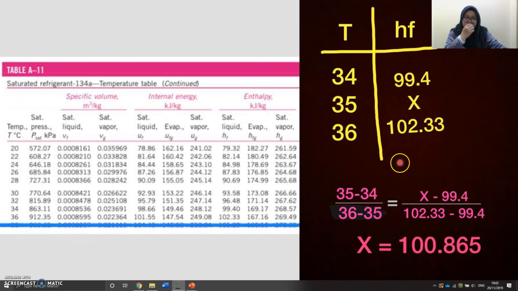To do the interpolation, we do it like this: 35 minus 34 over 36 minus 35 is equal to the same on this side, X minus 99.4 over 102.33 minus 99.4. When we do the math calculation here, we get X equal to 100.865.